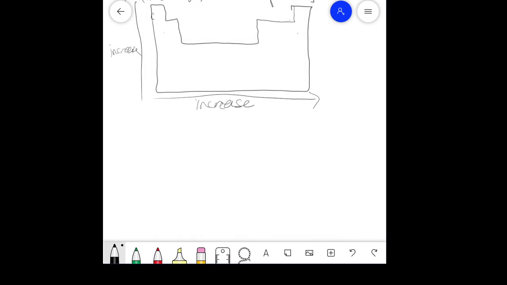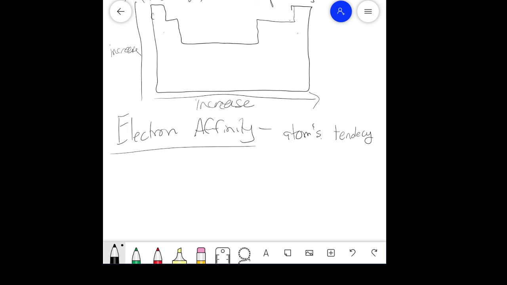Okay, there's one more thing, and it's electron affinity. Affinity is such a fun word. I really like that word. Okay, electron affinity. And that is an atom's tendency to gain electrons, or an atom's attraction for electrons.